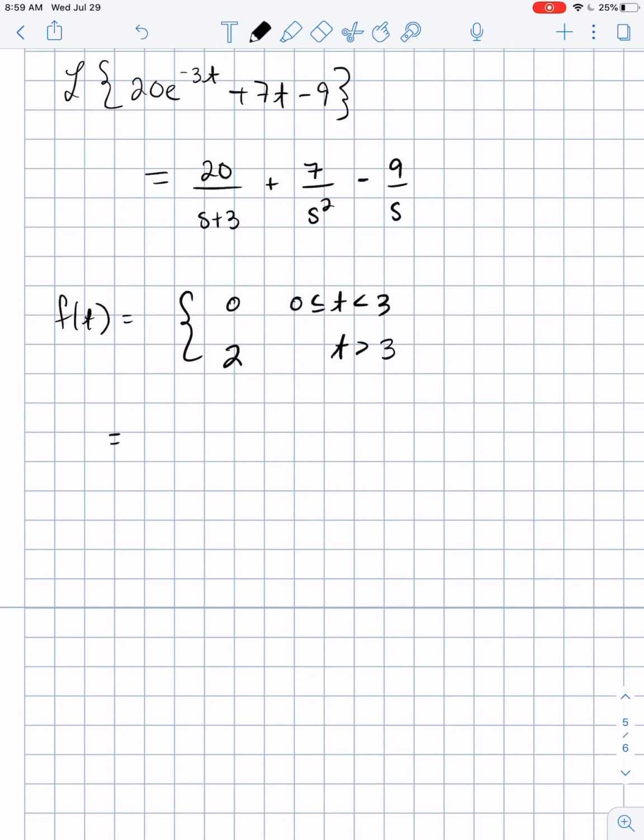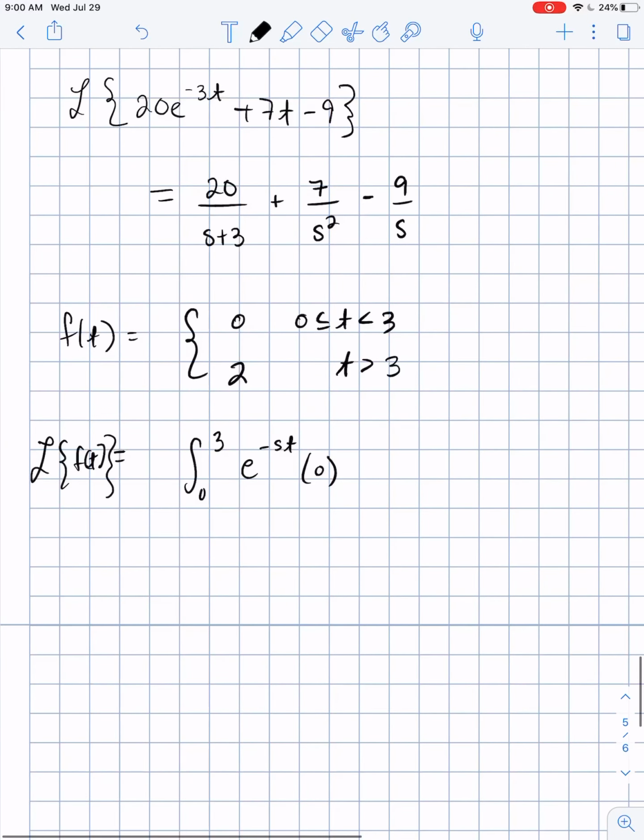So when you're doing the Laplace transform of this function, we can go 0 to 3 of e to the negative st times 0, because the function is 0 from 0 to 3, and then we're going to add it to 3 to infinity of e to the negative st times 2 dt.